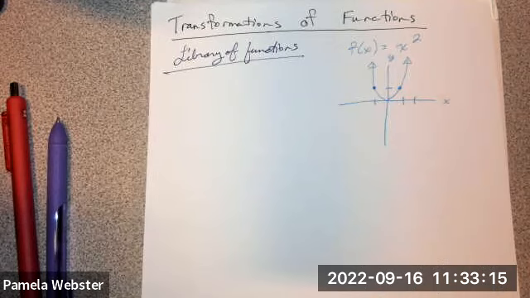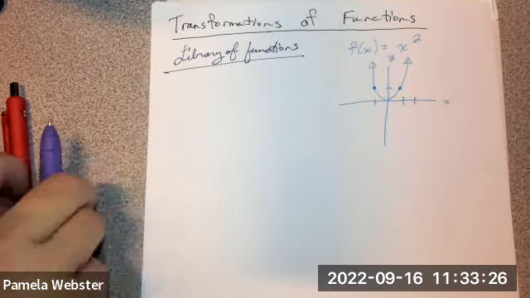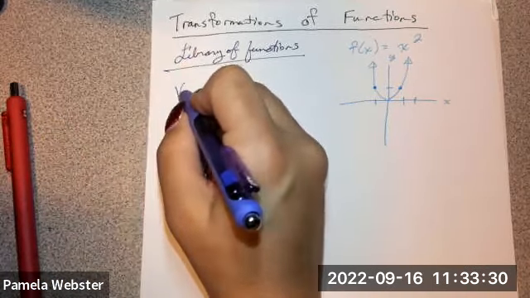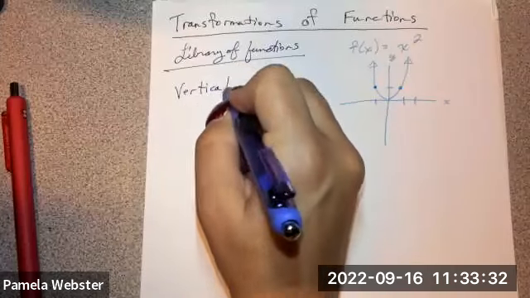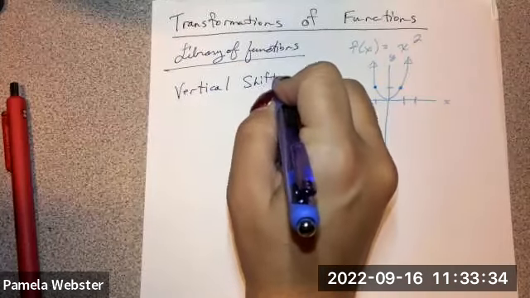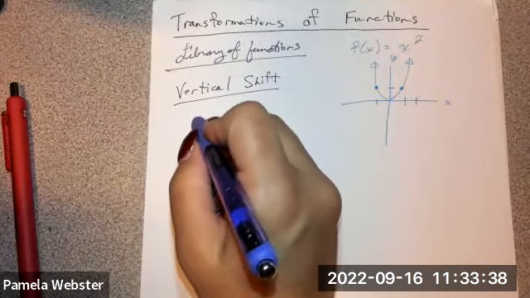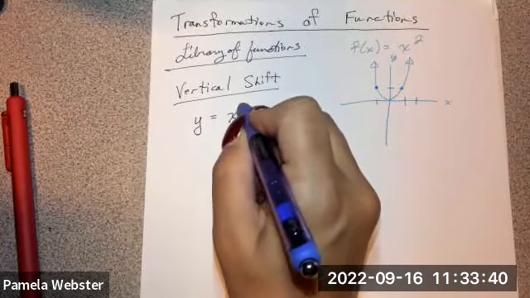So in your whole big old world of what you're going to do to stuff, there are basically 4 things we can do. We can shift up and down, which is called a vertical shift. Vertical shift up and down, right? And in order to do that, it will look like we take whatever function we had to begin with.